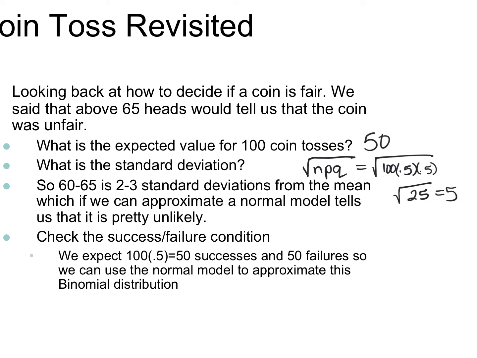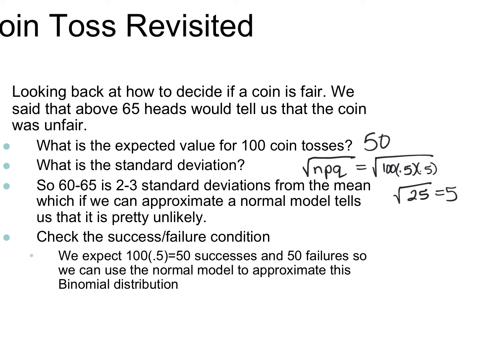Our success-failure condition is met. We expect 50 failures and 50 successes. So we could actually look at that as a normal model example instead of using the binomial model. That's why when we did a simulation, we barely got numbers above 65 and below 40 or 35, because we really expect 50 with a standard deviation of 5.